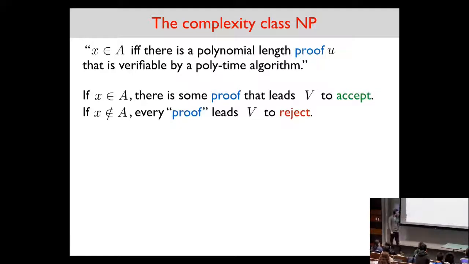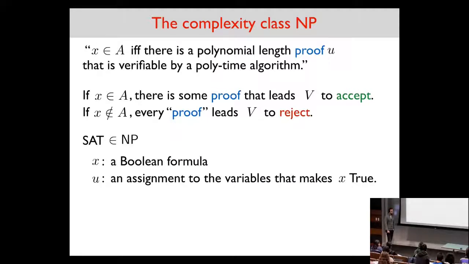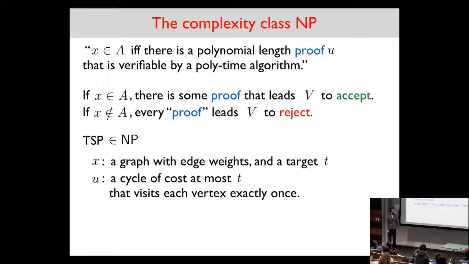So this is basically the complexity class NP. SAT is in NP. The input x is a Boolean formula, and the proof u is an assignment to the variables that makes x true. TSP is in NP. The input x is a graph with edge weights and a target t, and the proof is a cycle of cost at most t that visits each vertex exactly once.